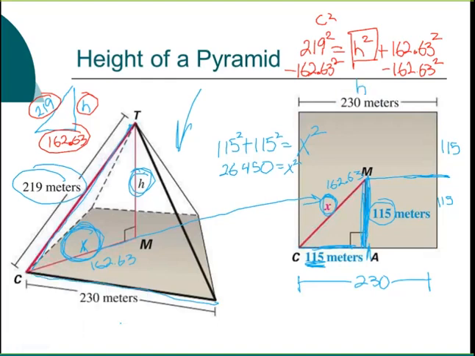And so I've got h squared is equal to 21,512. And then if I square root that, I get my actual height. So h equals the square root of this. I square root that. That gives me my actual height of 146.67 meters.